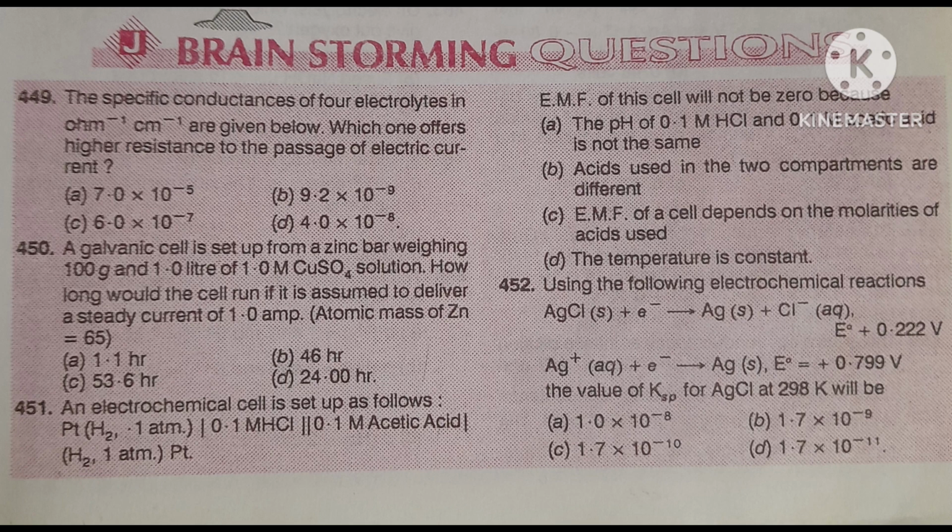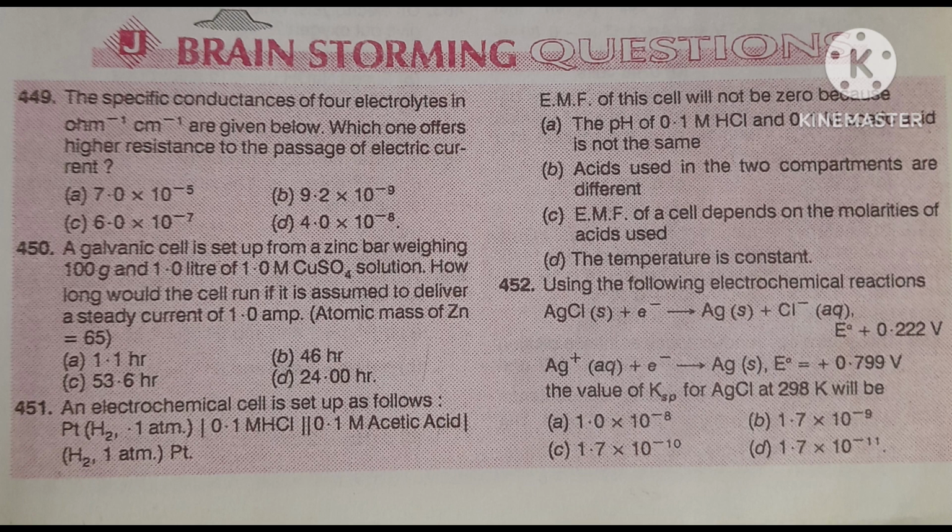The copper sulfate strength is given as 1.0 m, 1 m you can say. This 100 gram zinc rod is dipped in the copper sulfate solution having a strength of 1 m and its volume is 1 liter. Correct? I think you have understood the question.